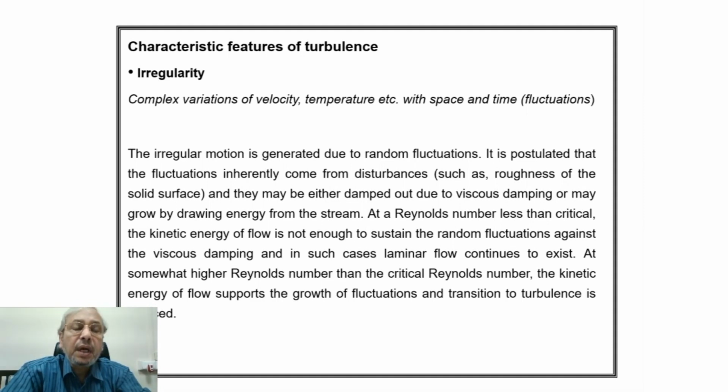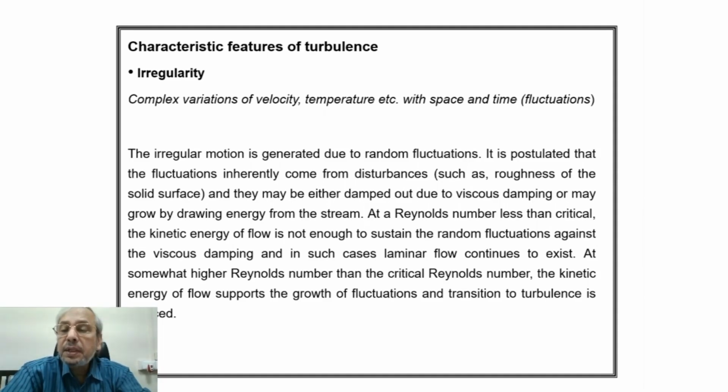First feature I would like to mention is irregularity, that is complex variations of velocity, temperature with space and time, and these are often called fluctuations. The irregular motion is generated due to random fluctuations.